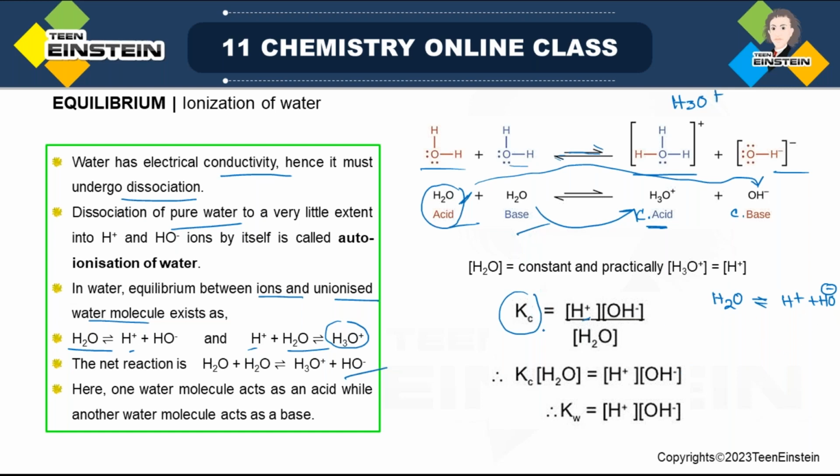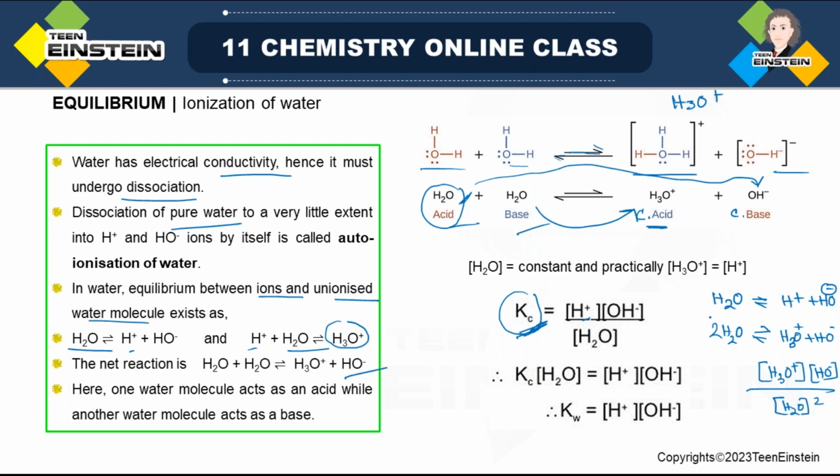For this equilibrium, the equilibrium constant will be the concentration of H+ times the concentration of HO-, divided by the concentration of H2O. You can also write it like this. I am not saying this is anything wrong. Now you write H3O+ and HO-. In this case, the Kc value will be the concentration of H3O+ times the concentration of HO- divided by the concentration of H2O to the power 2.